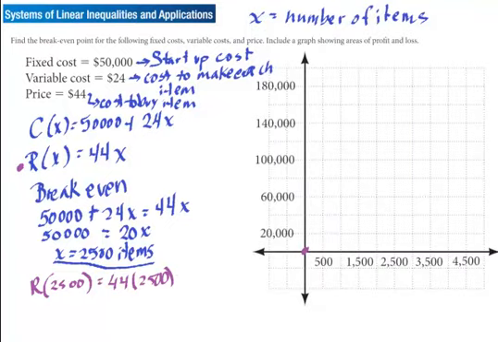So at 2,500, I go up to 110. There's 100, there's 120, so 110 should be right here. I'll plot a point and make that line right through there.